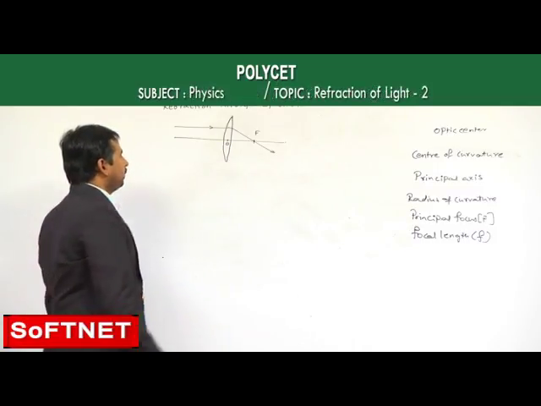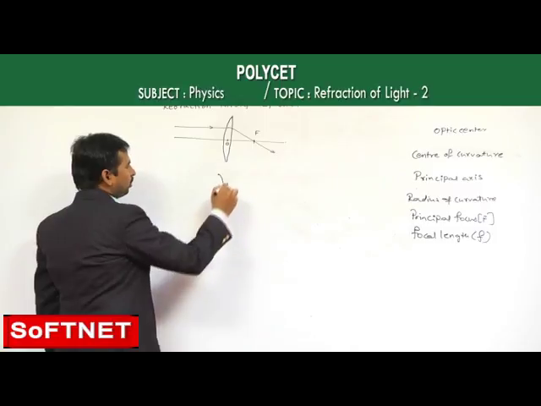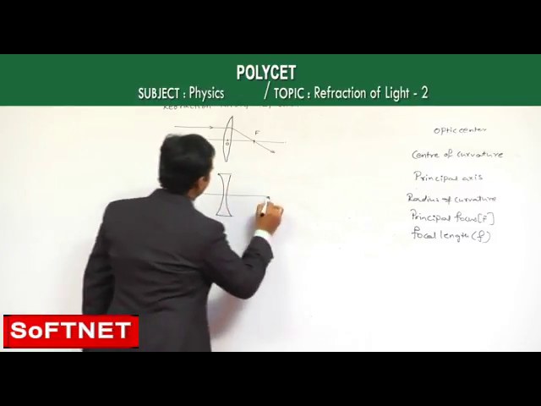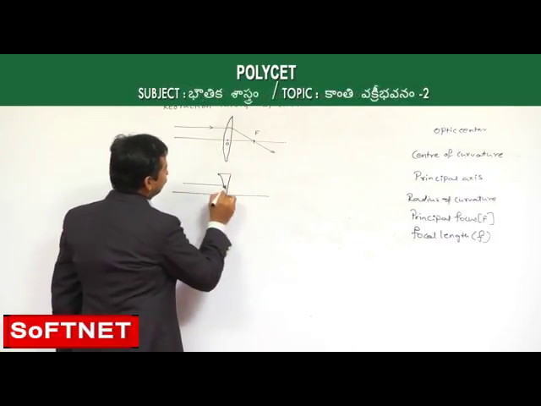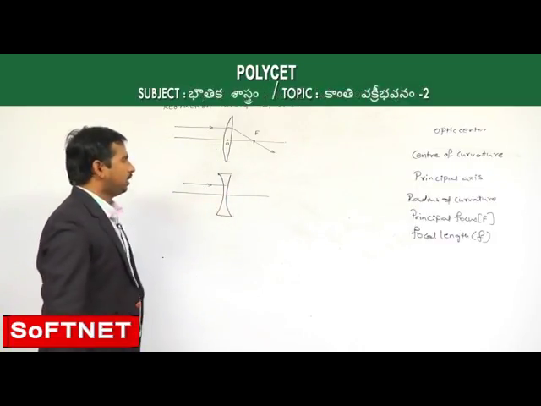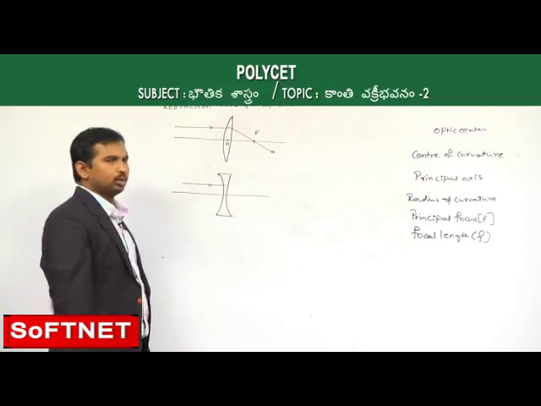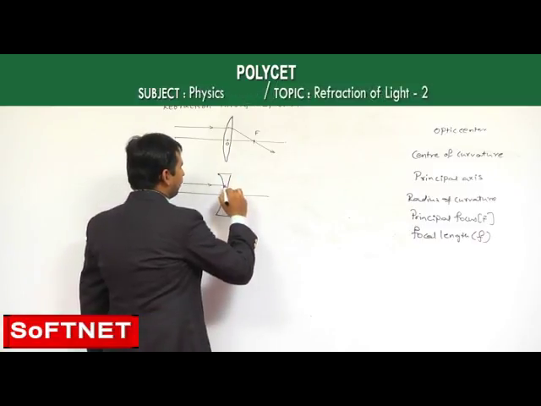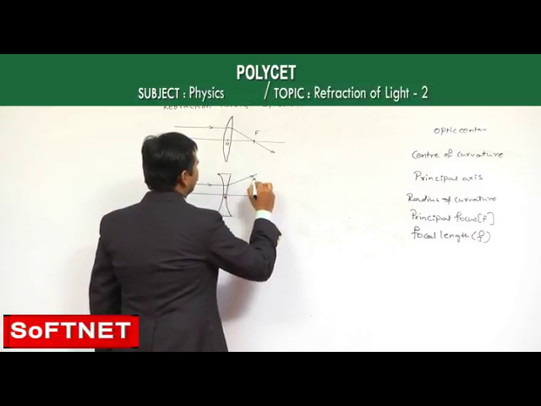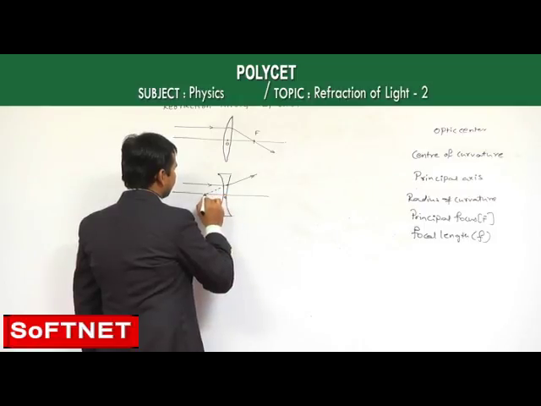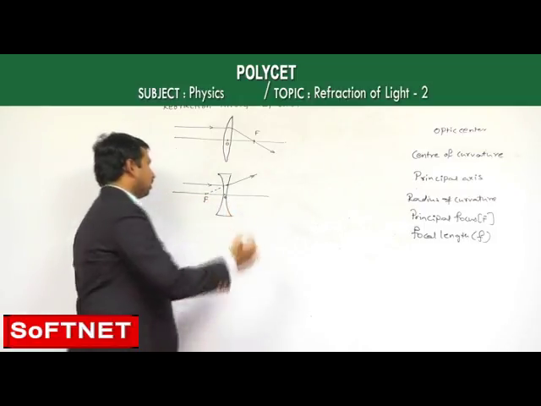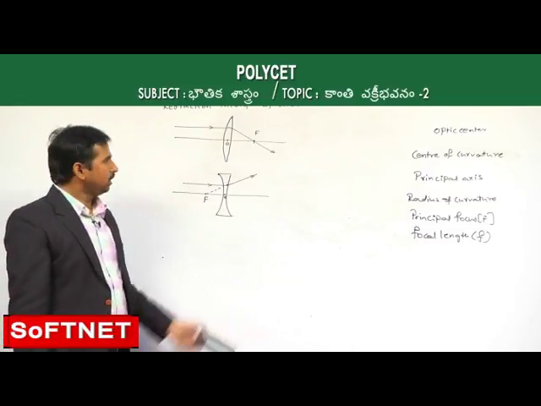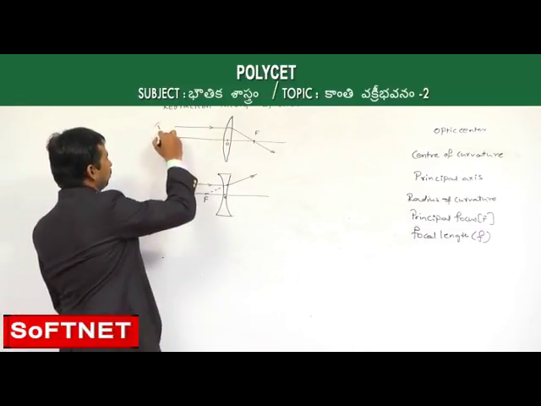And if you take a double concave lens like this, and again a straight line passing parallel to the principal axis, after refraction the light ray appears to pass through the focus. This is the first important rule.